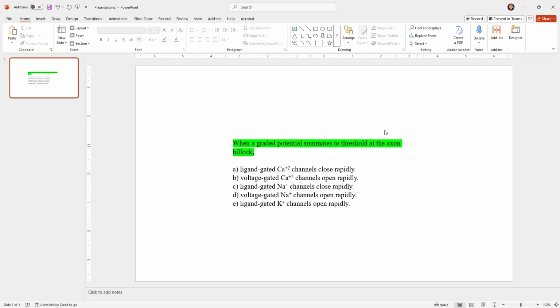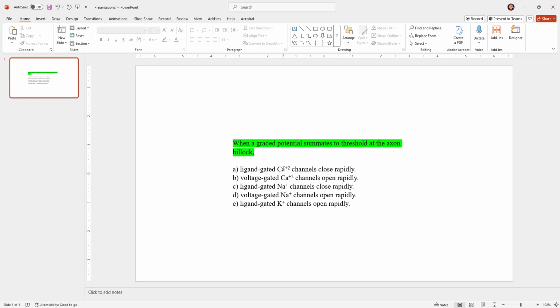Right. So at the axon hillock, when you hit threshold, you always have voltage gated sodium channels opening. Your ligand gated calcium channels, there's no ligand here when you have a graded potential. It's electrical. So all your ligand ones, your A, C, and E, are out because there's no ligand there. You only have voltage.